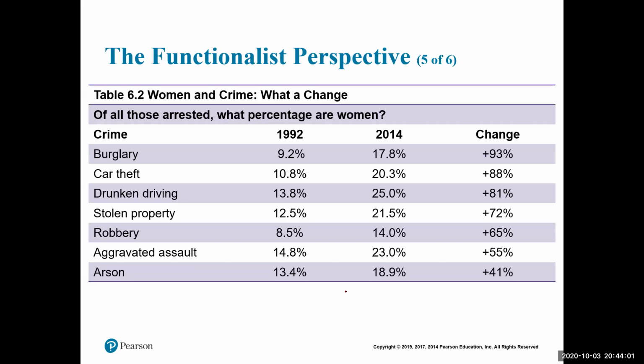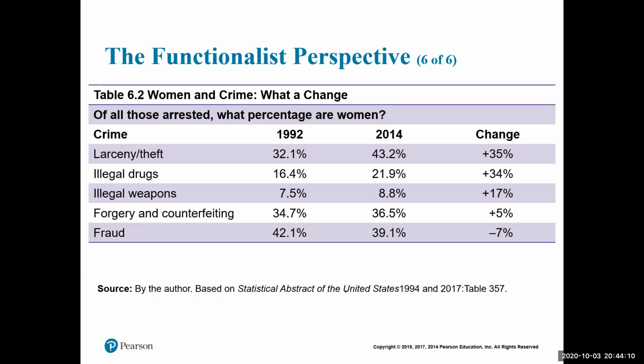Arson's still kind of high. The one that dropped is fraud. Fraud dropped down to 7%. Forgery, counterfeit, it only had an increase of 5%. Nowadays, it's harder to do these because of all the checks and balances that are in place.